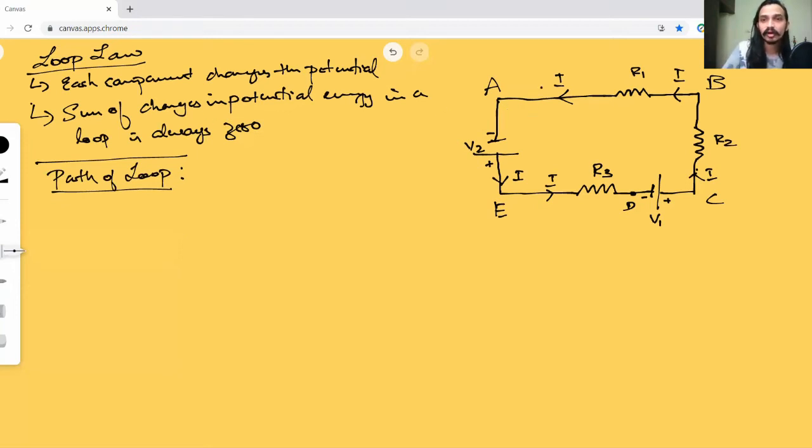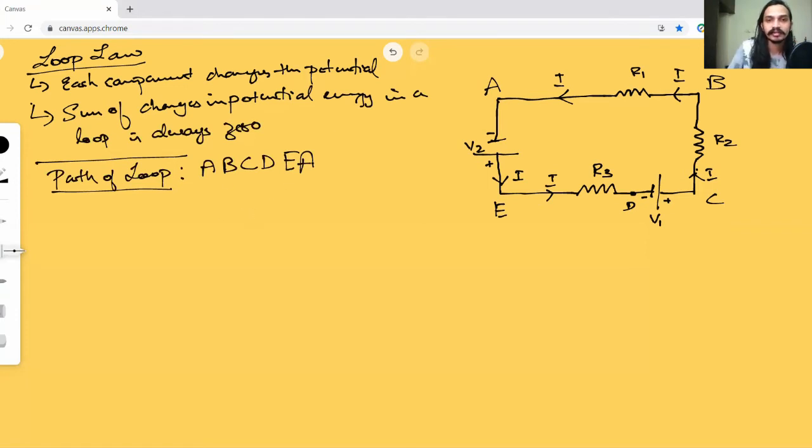So I'll start from A and go from A to B, B to C, then D, then E, and from E I'll go back to A. That is my loop, A, B, C, D, E, A. Now I have set the path of my loop.